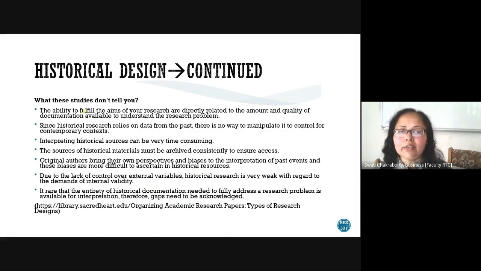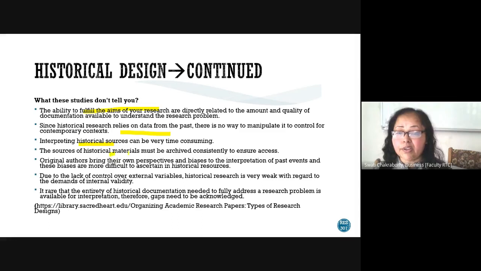The ability to fulfill the aims of your research is directly related to the amount and quality of documents available to understand the research problem. And since historical research relies on data from the past, there's no way to manipulate it to control for contemporary context. Interpreting historical sources can be time consuming.